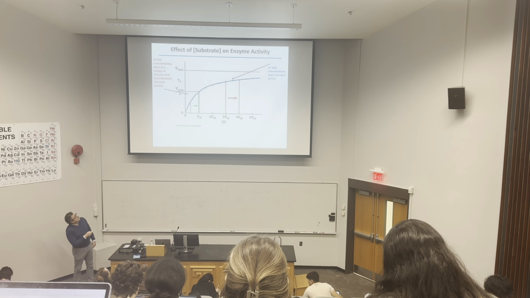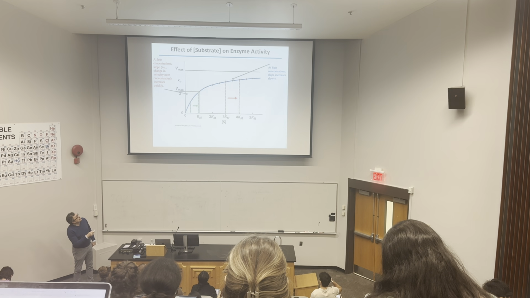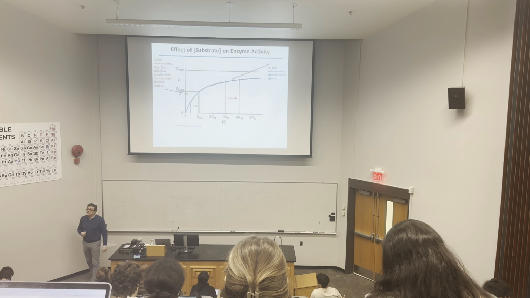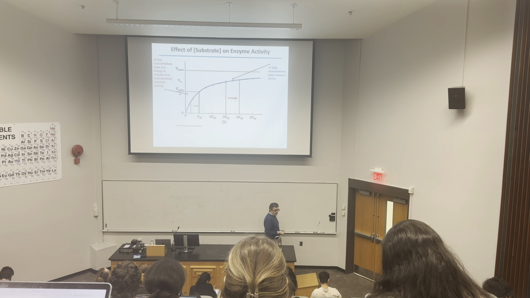So let's see. From here we go there, or from here we go there. Here, oops, sorry, there is not much increase. Here, there is a lot of increase in rate. That is how substrate concentration control for a reaction works.